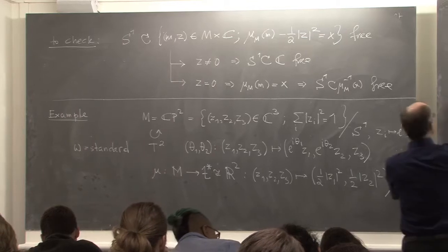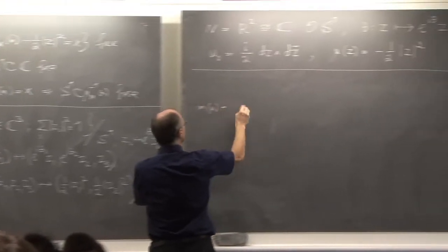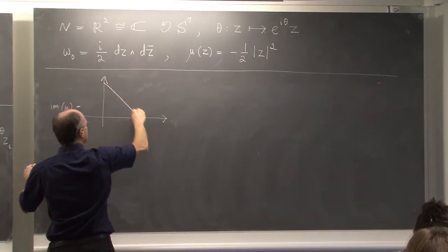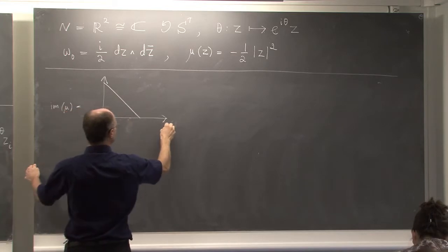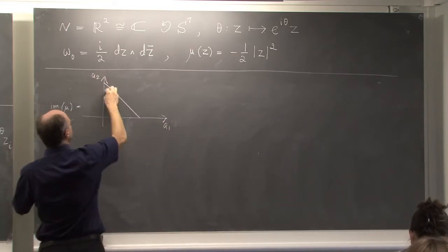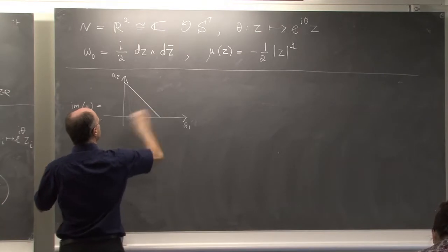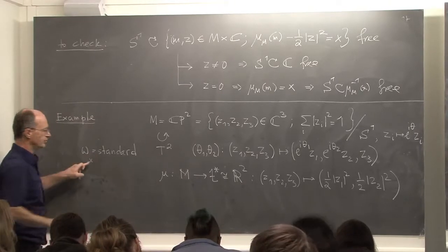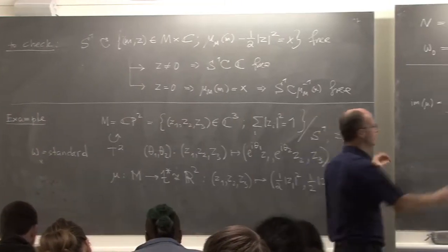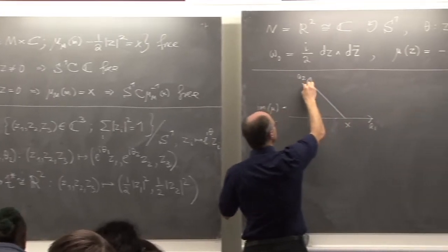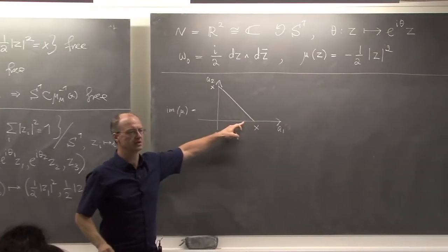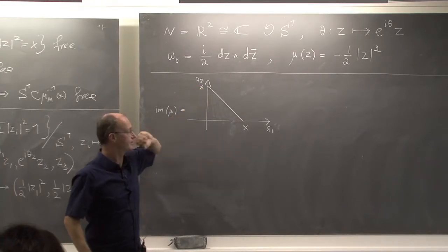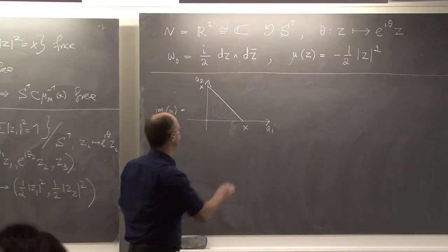And the image of this moment map, the image of mu, was a triangle. This form perhaps depends on some parameter x, just as a scalar factor. So this is a triangle with the corners at coordinates x0, 0, and 0x.